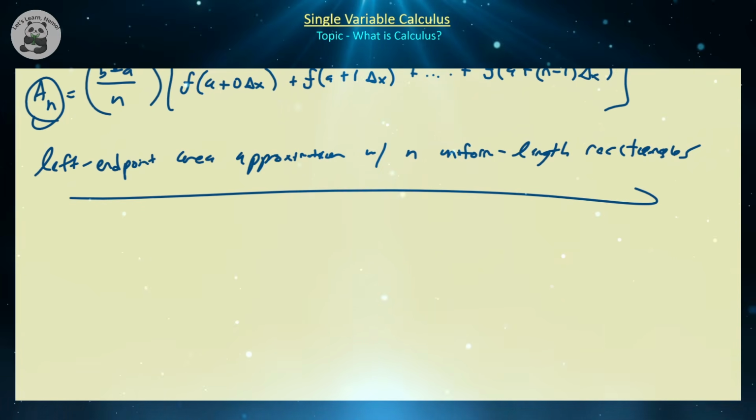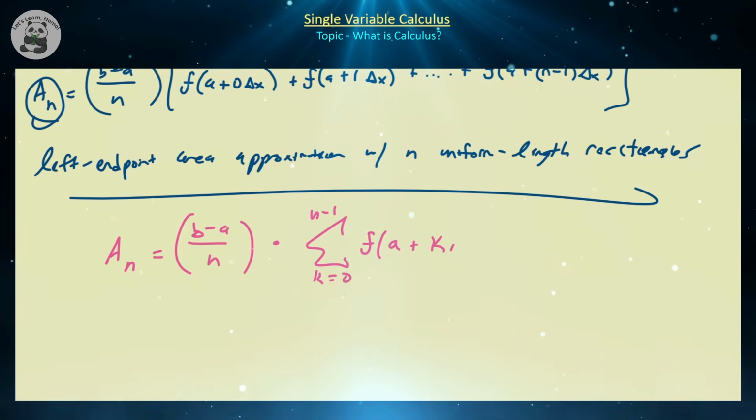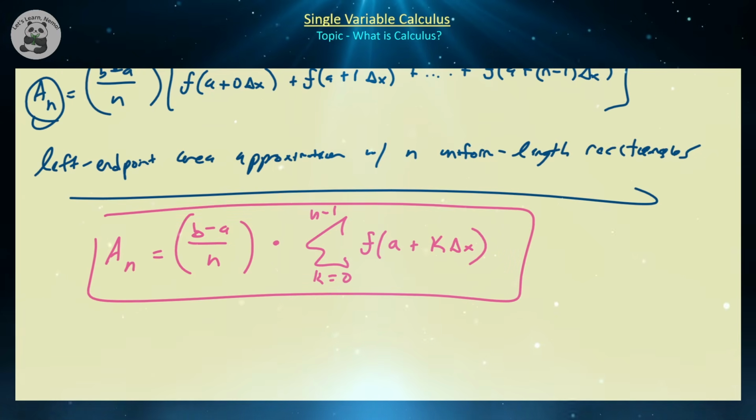So one can find, at least in summation notation, if you're familiar with this, is going to be equal to b minus a, all divided by n, times the sum from k equals 0 to n minus 1 of f of a plus k delta x. Right? So that is our left endpoint area approximation with n uniform length rectangles.